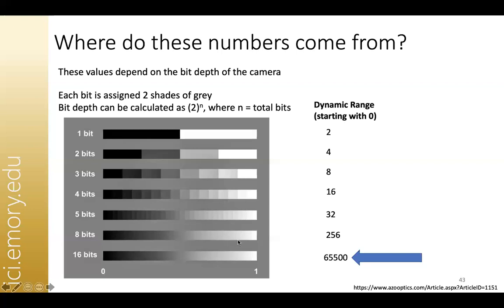However, when we look at the numbers, 8-bit images have a dynamic range, with pixel values from 0 to 256. If you look at 16-bit, the pixel values range from 0 all the way to 65,000. That's because 2 to the power of 16 is almost 65,500, okay?